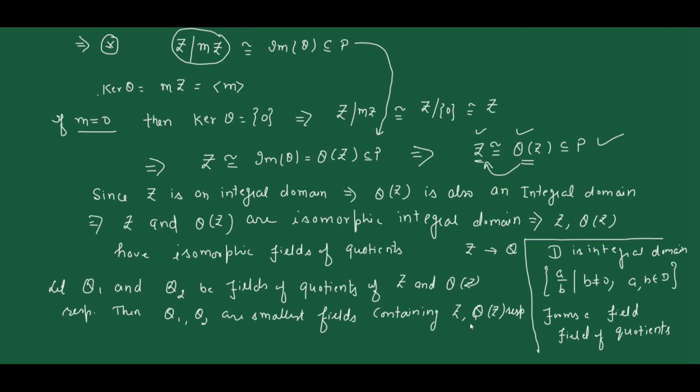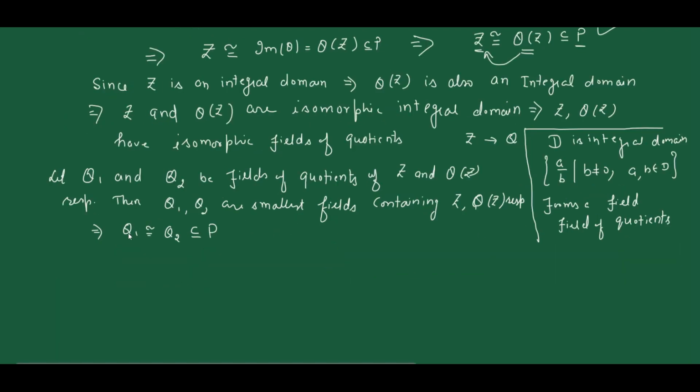If it is a field of quotients, then it is the smallest field containing the integral domain. You know that P already contains Z and theta Z, and these are the smallest. So you can say that Q1 is isomorphic to Q2, and being smallest, these are contained in P.